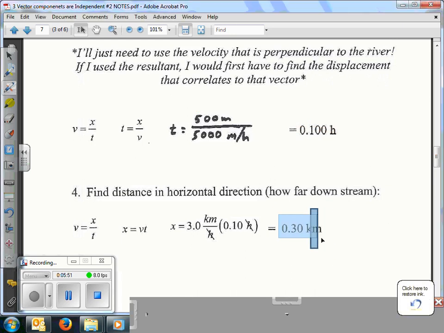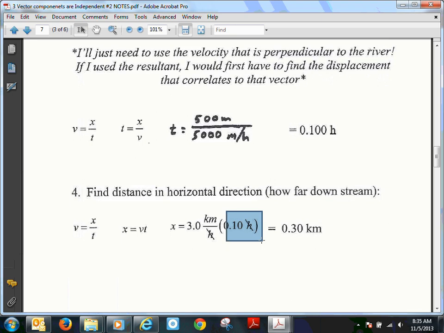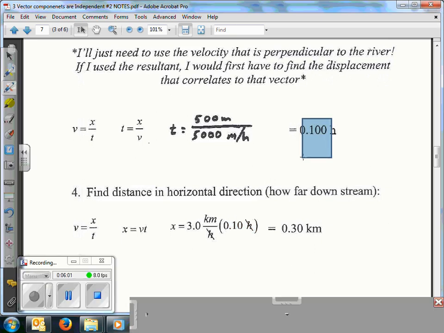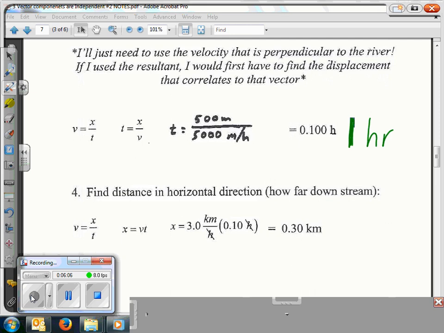Instead of 0.1 hours here, it should be 1 hour, like I just said. Oops. So if we have 1 hour instead of 0.1 hours, this would be 3 kilometers downstream. So I had a little decimal problem there myself.